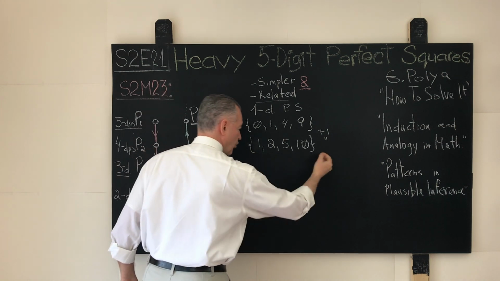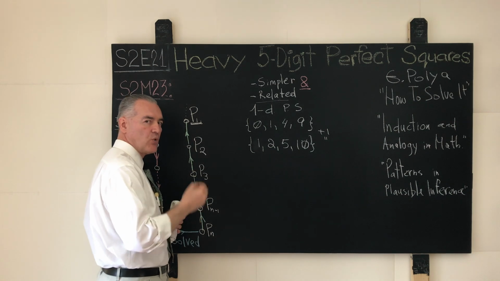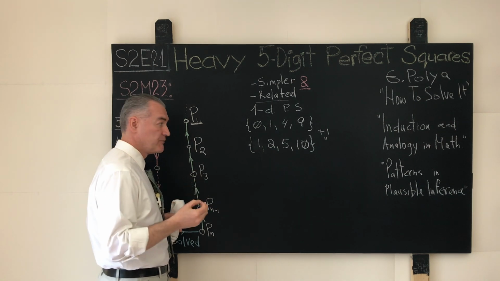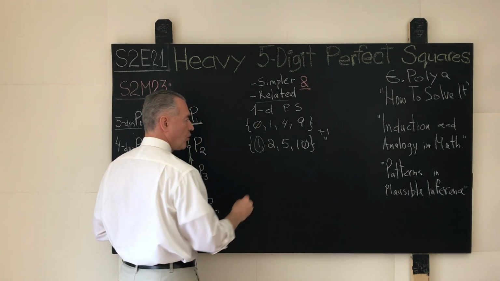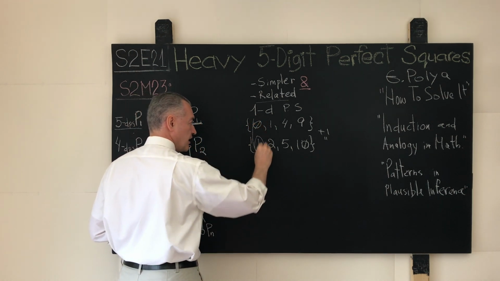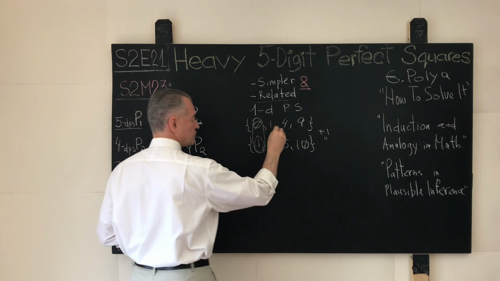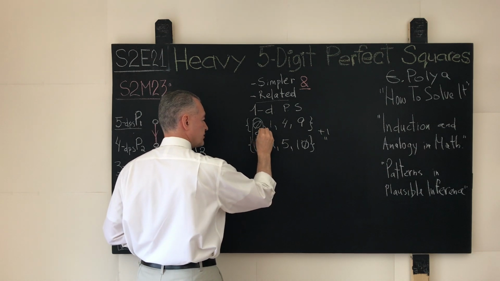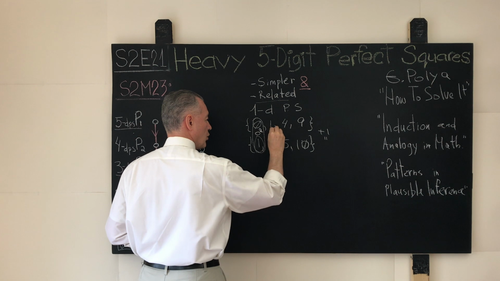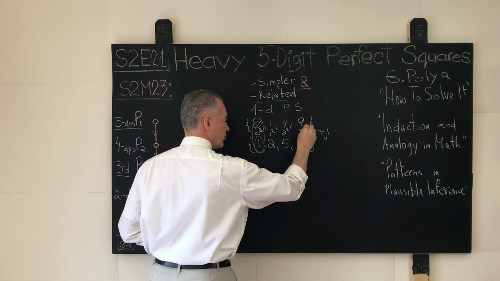And how many perfect squares do we see as a result of adding 1 to each digit of a given perfect square? Well, we see precisely only one perfect square, 1, because this right here forms an interesting pair. And just to make sure, let me write down over here: 0 squared, 1 squared, 2 squared, and 3 squared.